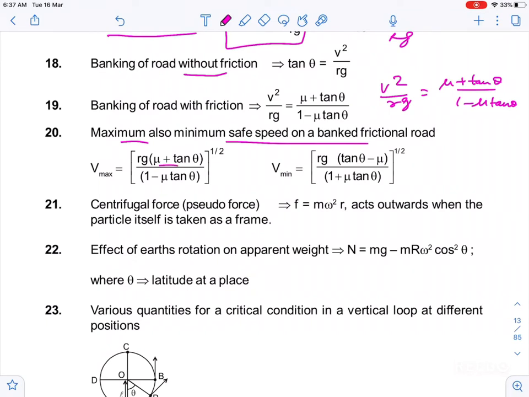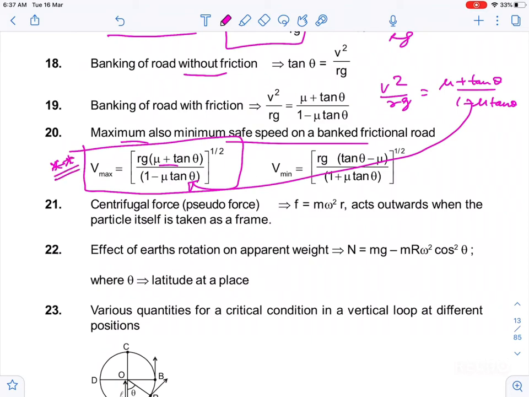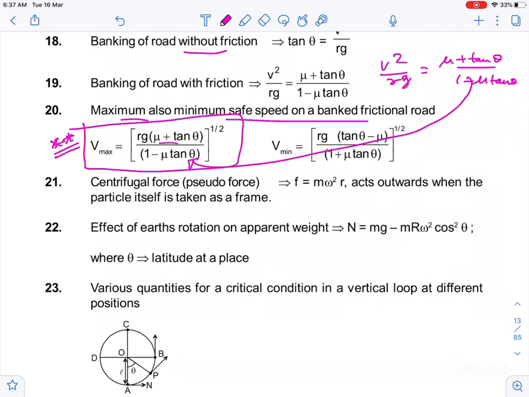The maximum is v equals the square root of rg times (mu plus tan theta) upon (1 minus mu tan theta), and the minimum is the square root of rg times (tan theta minus mu) upon (1 plus mu tan theta), just interchanging the signs. If you remember this formula, some question may be asked; if JEE Mains doesn't ask this, JEE Advanced will ask some question on this concept.